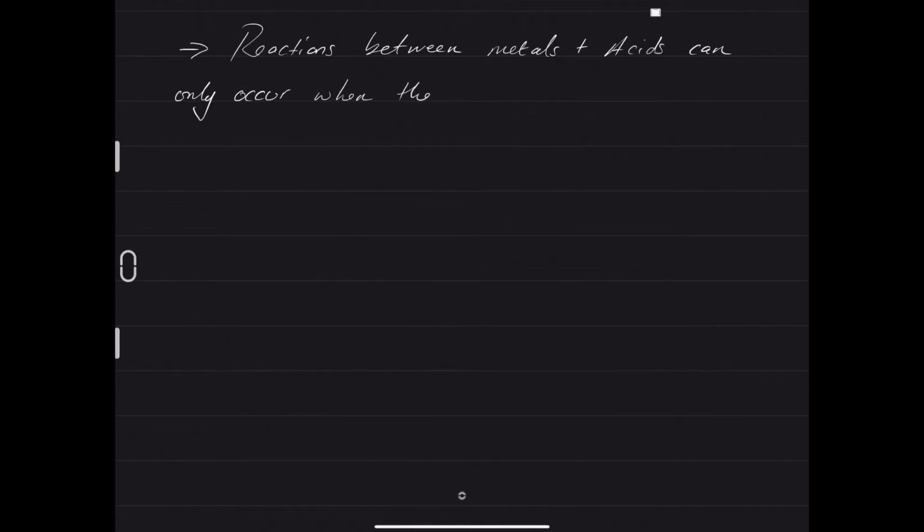So can you just note this down first? Reactions between metals and acids can only occur when the metal is more reactive than the hydrogen.